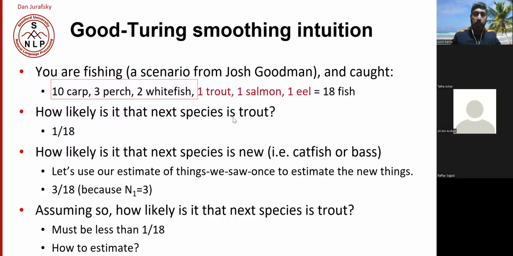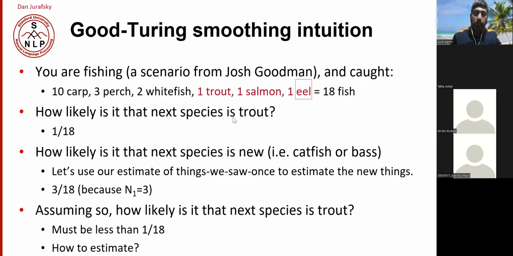The count of each species of fish is given here: 10 carp, 3 perch, 2 whitefish, 1 trout, 1 salmon, 1 eel. All right, so what is N1 here? How many things occurred once? 3 fish. So there are 3 things that occurred once.